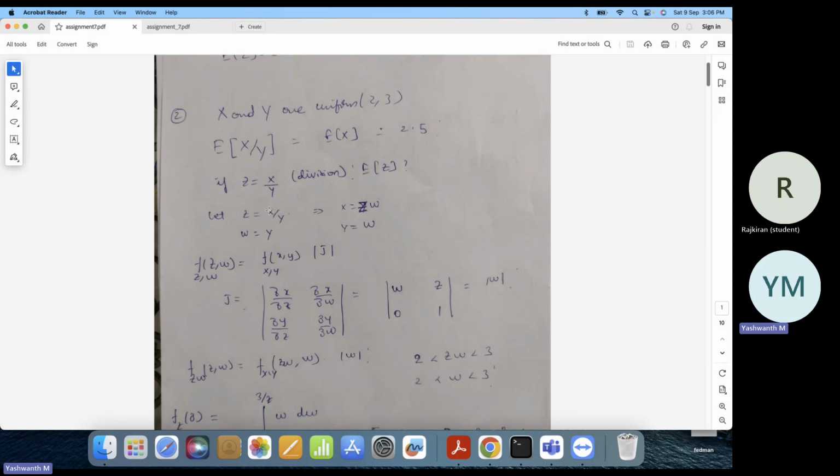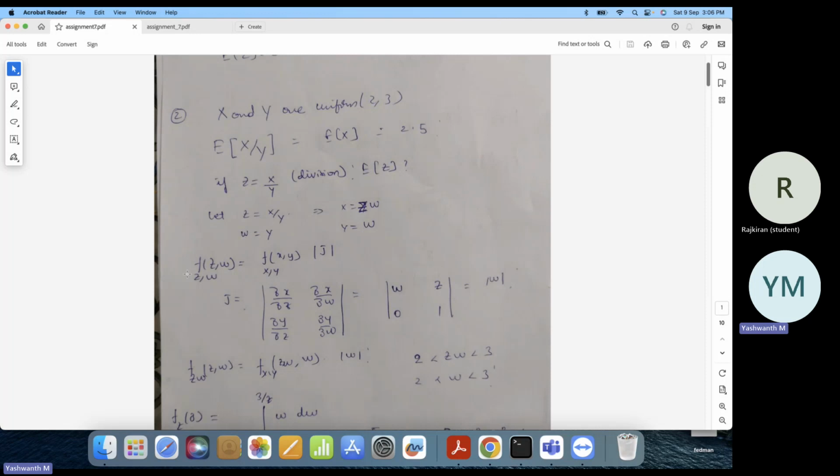So you get the inverse representation of X and Y in terms of Z and W. X is nothing but Z times W, Y is equal to W, and W goes from 2 to 3.